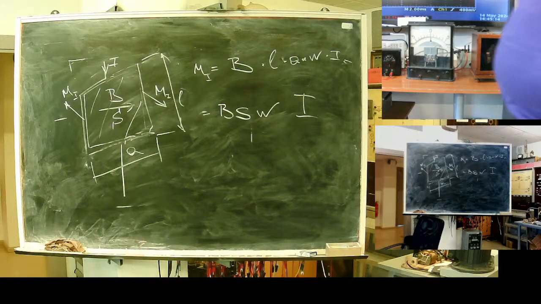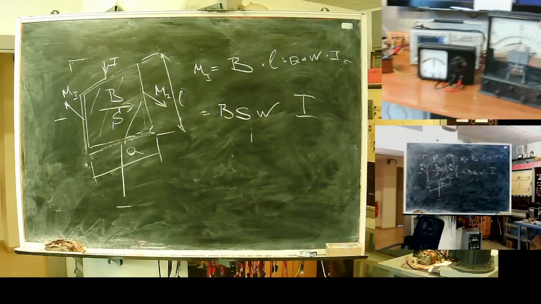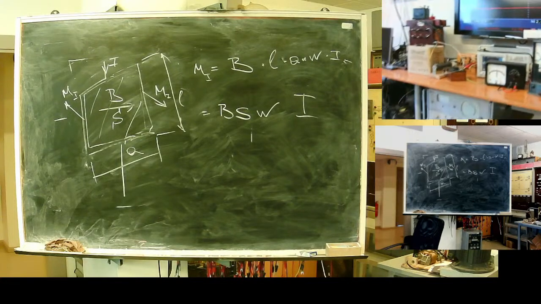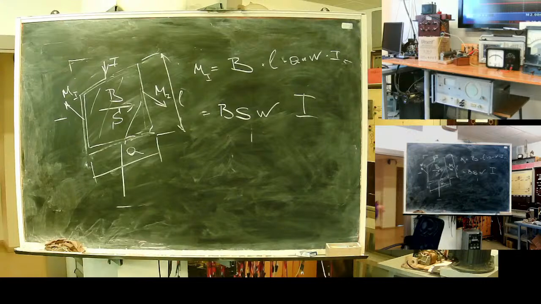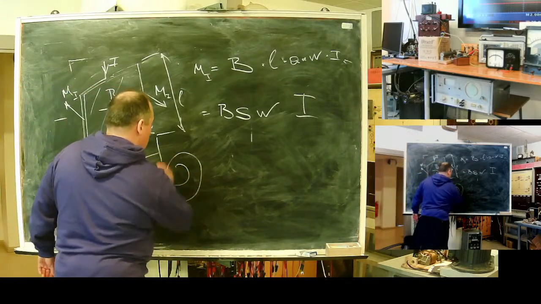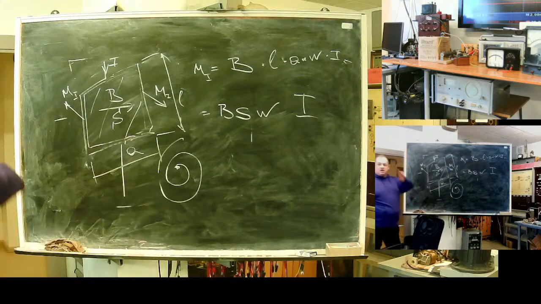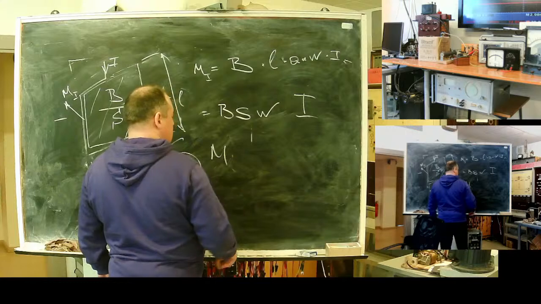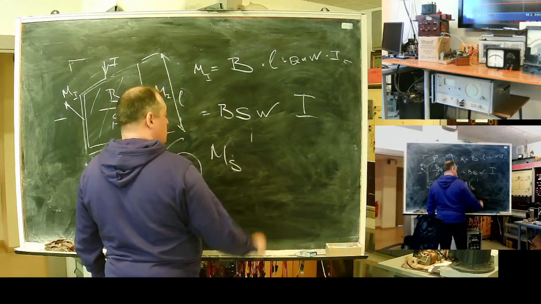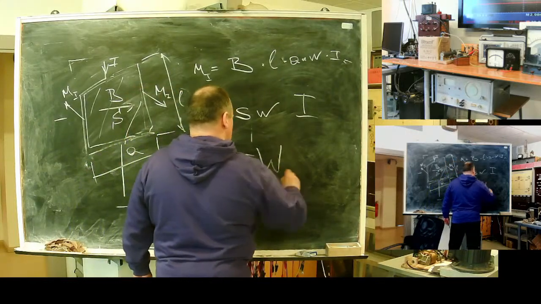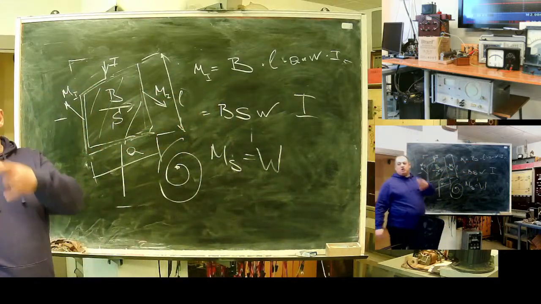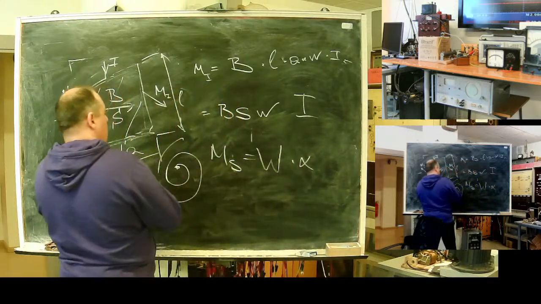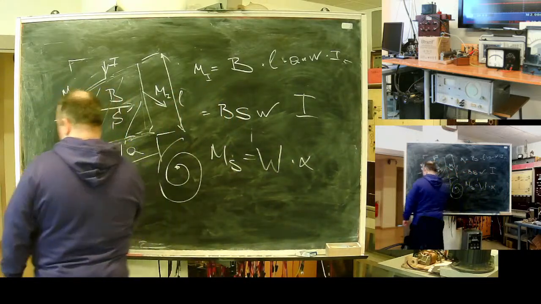Here, if we take this teaching aid, we have a spring returning to zero. For such a spring, the moment of spring is W, the stiffness constant of the spring, multiplied by the angle of turn alpha.